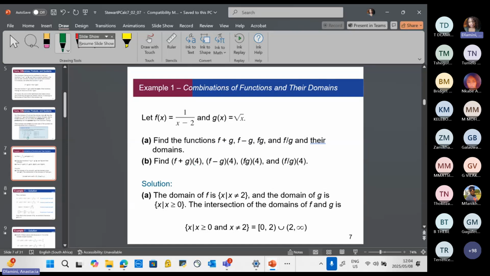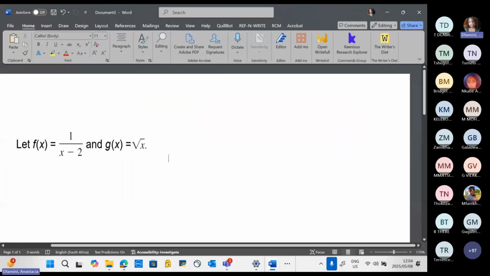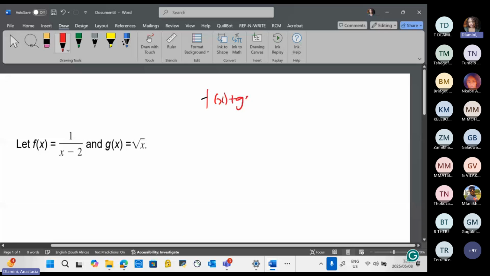That's what they are saying. So we know our f of x plus g of x is 1 over x minus 2 plus square root of x. They want us to evaluate f plus g at 4.